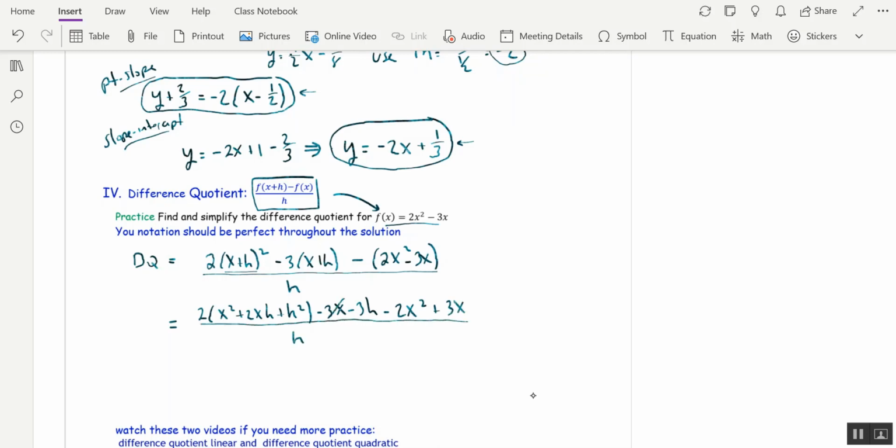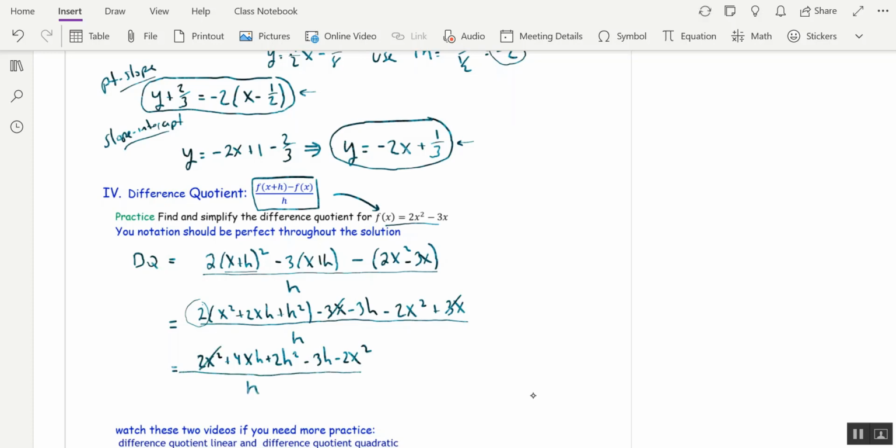All right, this 3x cancels with that one, and I need to distribute this 2. So this is 2x squared plus 4xh plus 2h squared minus 3h minus 2x squared, all over h.